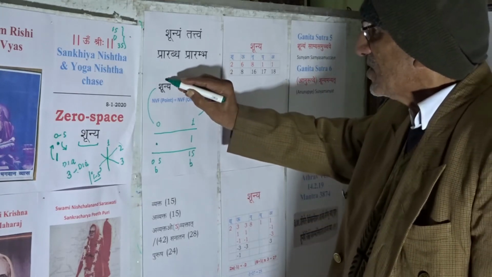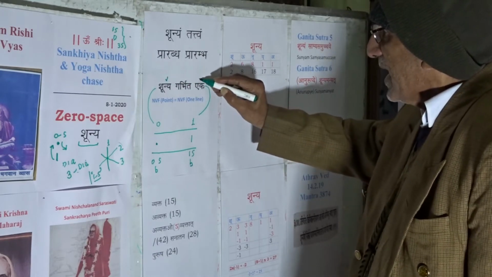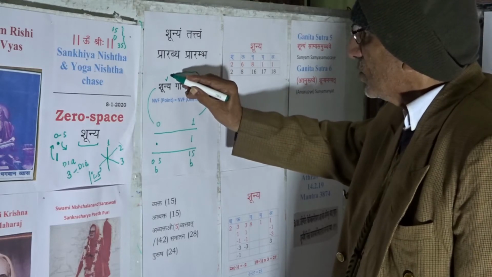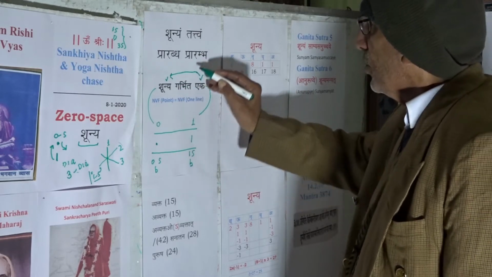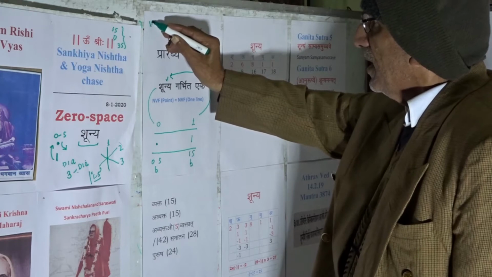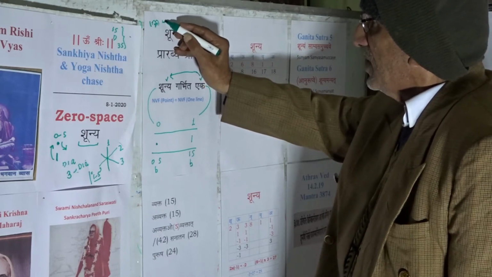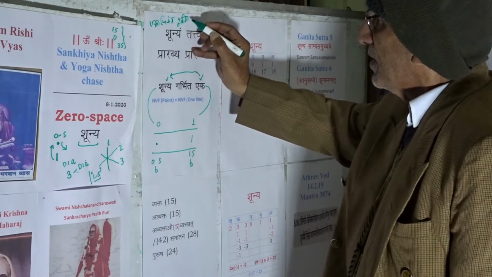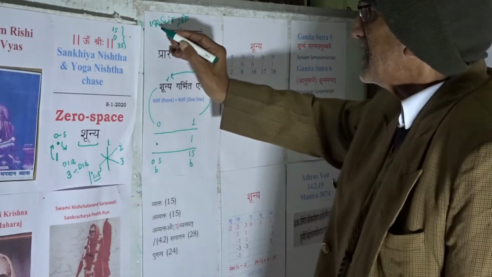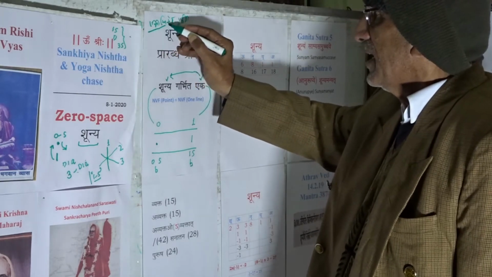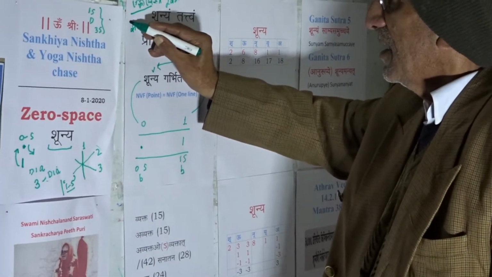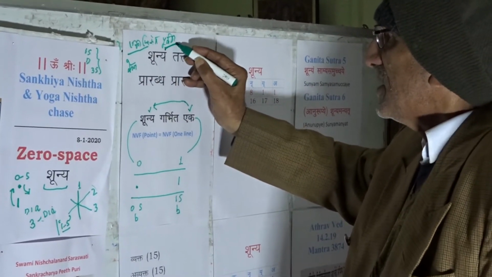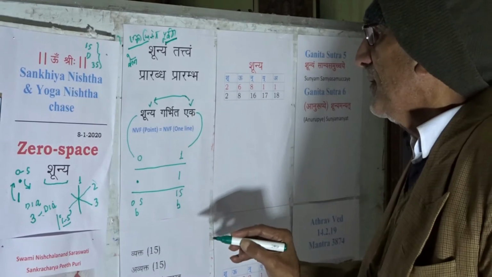Shunya as such is prior to 1, and the Ganita Sutra says Eka Adhikena Purvena, one more than before. So one is more than what? One is more than the previous state, that means the Shunya.